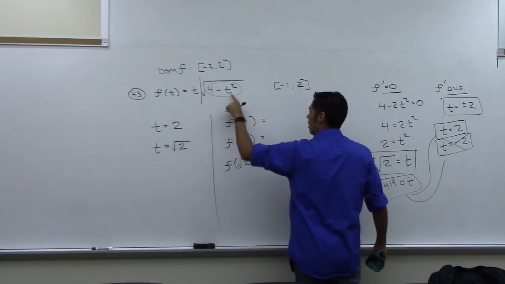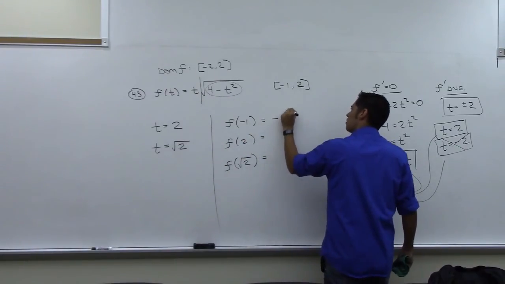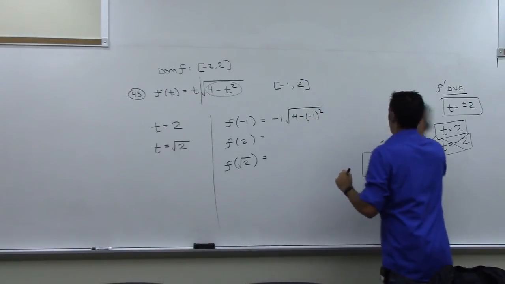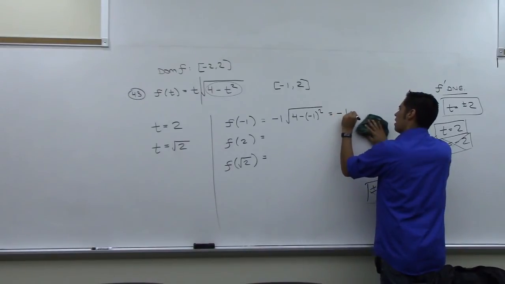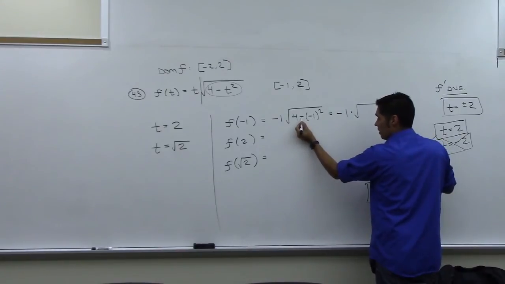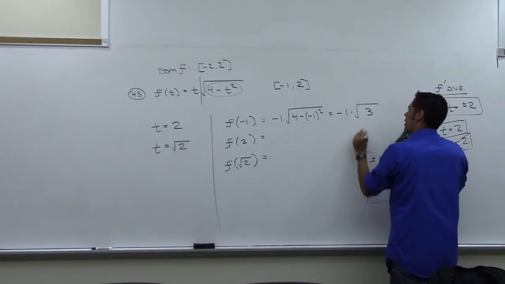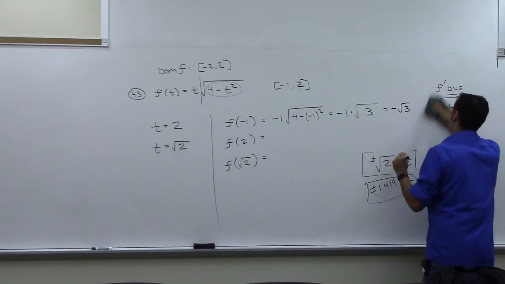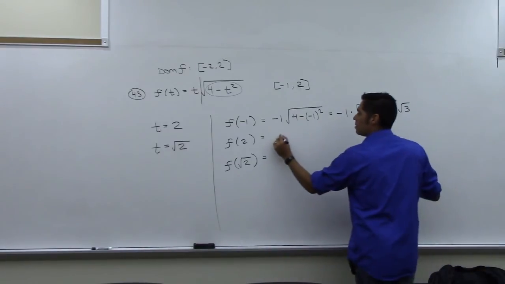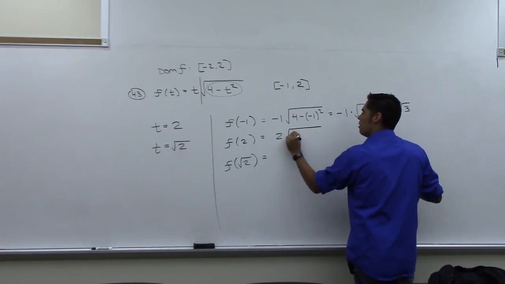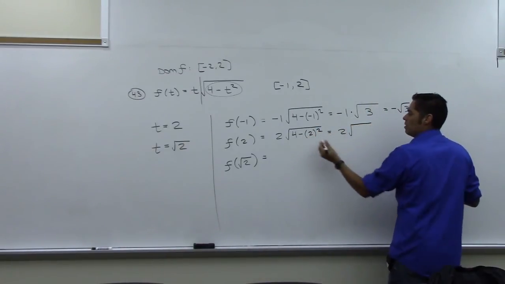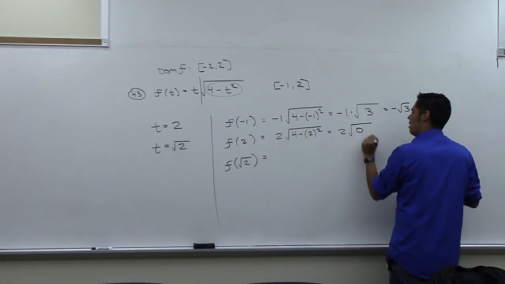What would happen if I plug negative 1 in there? I get negative 1 times the square root of 4 minus negative 1 squared, which is negative 1 times the square root of 4 minus 1, that's root 3. So this is just negative root 3. And then if I plug in 2, I get 2 root 4 minus 2 squared, which is 2 root 4 minus 4, which is 0.